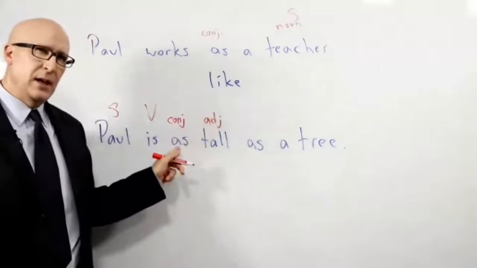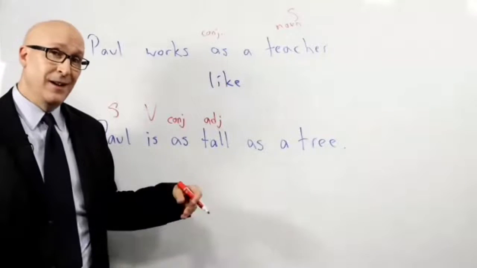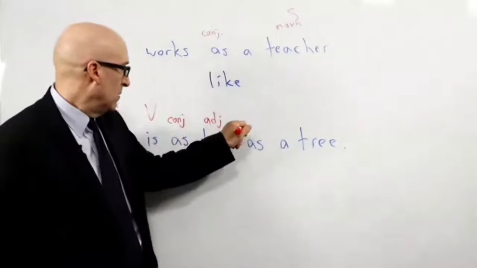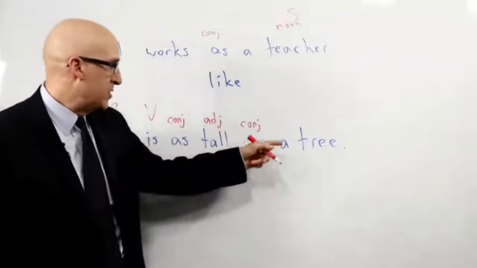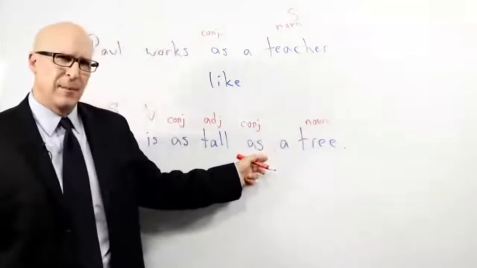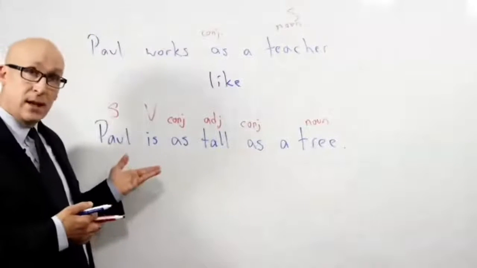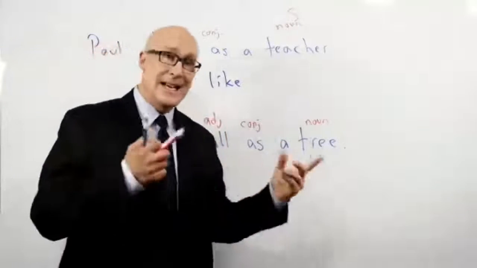But didn't we say if it's a conjunction, it should be followed by a clause? Is it? Well, we have a double conjunction. Paul is as tall as a tree. Well, tree is a noun. So shouldn't that be like? Well, what's the meaning here? What we're really communicating is that Paul is as tall as a tree is.